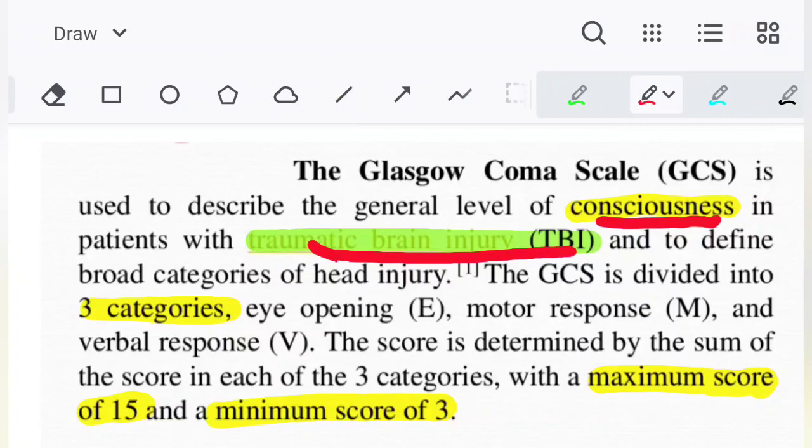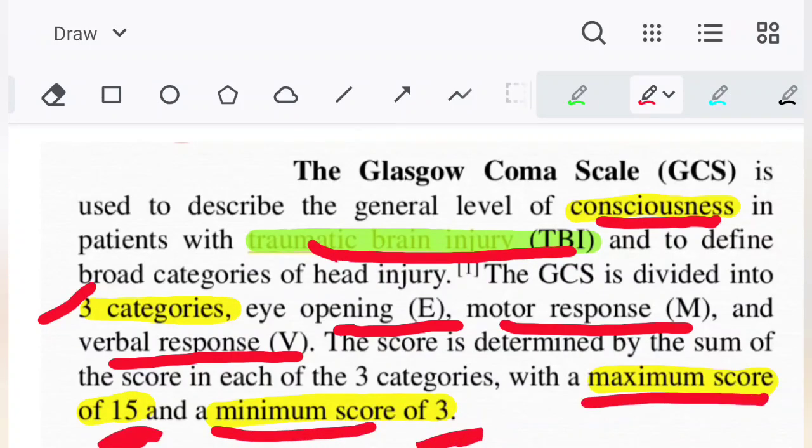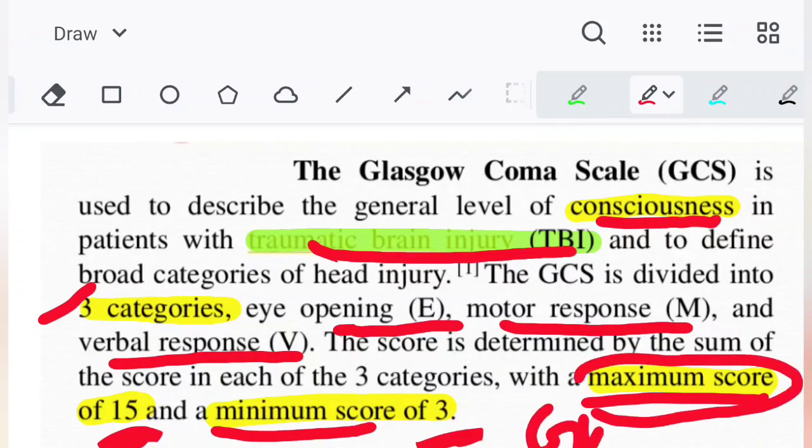So three categories of this scale are eye opening, motor response and verbal response. The total GCS score has a maximum score of 15 and a minimum score of 3.